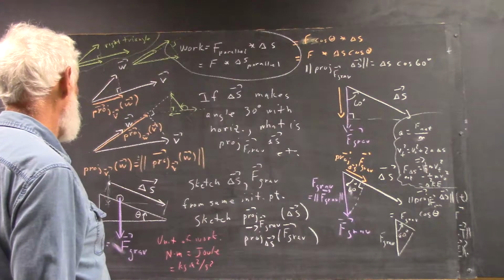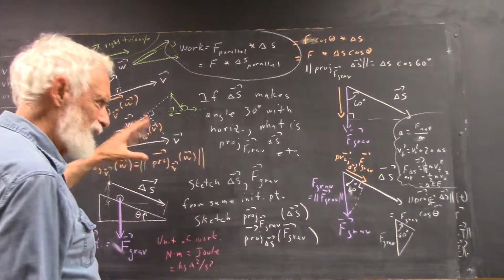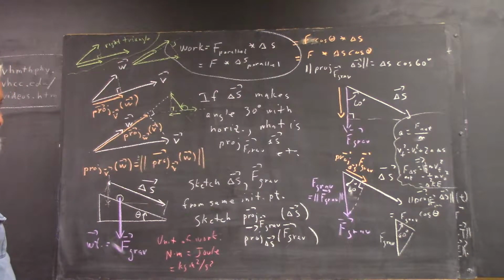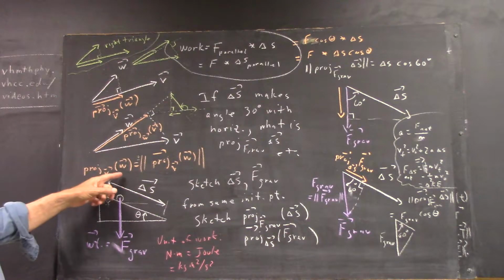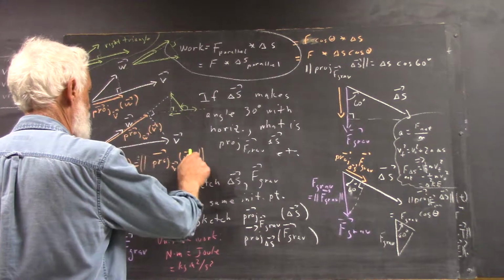So I might actually want to change what I wrote here. It's a little confusing. It's a confusion that would be hard to get out of, but maybe I want to say that this scalar projection is just the magnitude of W times cosine of theta. So maybe I'll replace this by this.